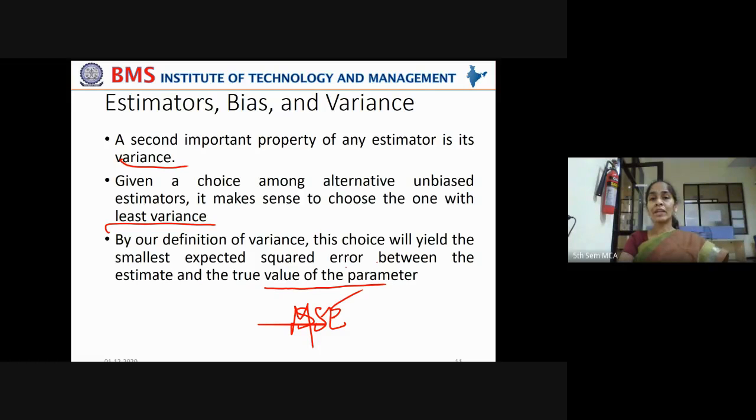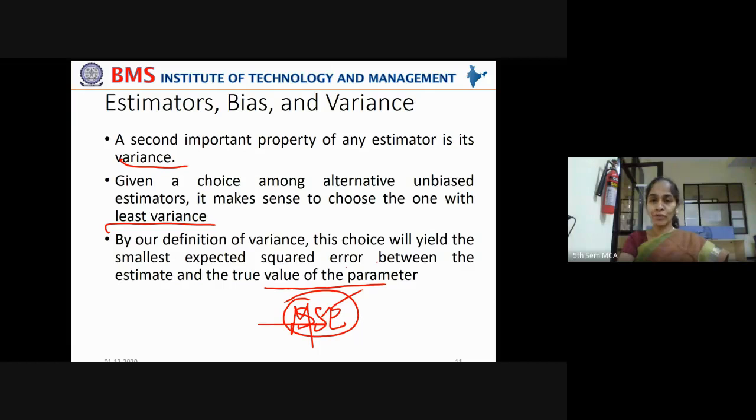Whenever you're fitting machine learning models to find out the accuracy, or when you want to compare two machine learning models, you have to measure this mean squared error. The model with the least mean squared error is the best performing model. Why? Because it is giving the least estimation bias between the sample error and the true error.